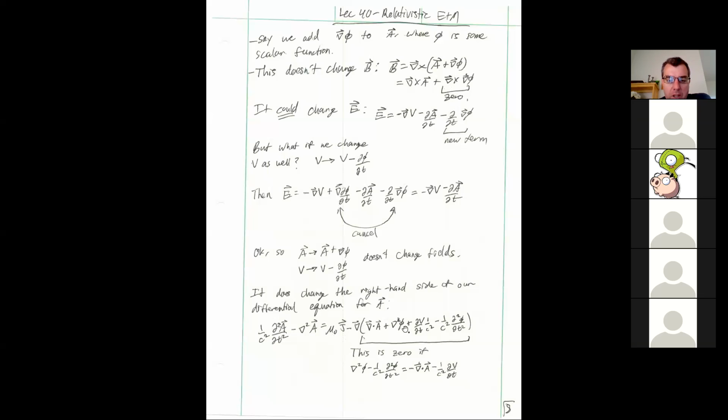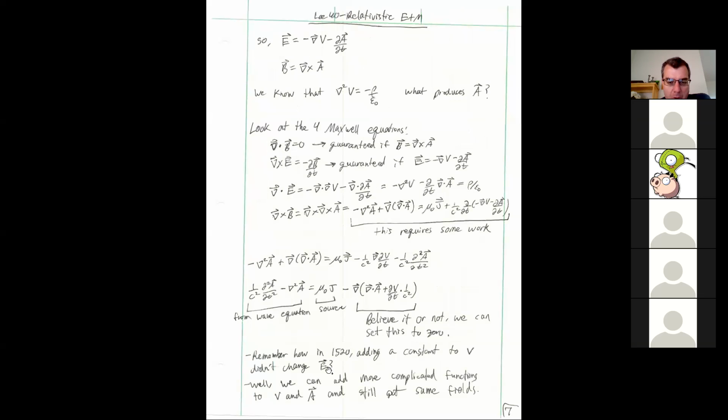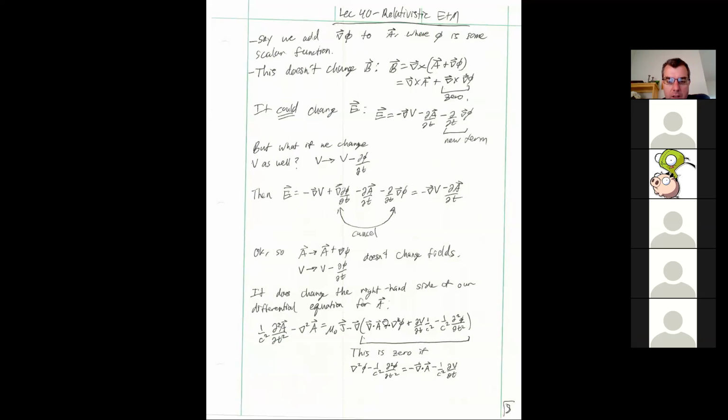All right, so if we plug all of that in, remember before, we had this messy equation for A. We had something very elegant, the wave equation, something very elegant, current density acting as a source, and something ugly, the gradient of this combination of terms involving divergence of A and time derivative of V. Well, if I make my gauge transformation, I get a whole bunch of messy terms in here.